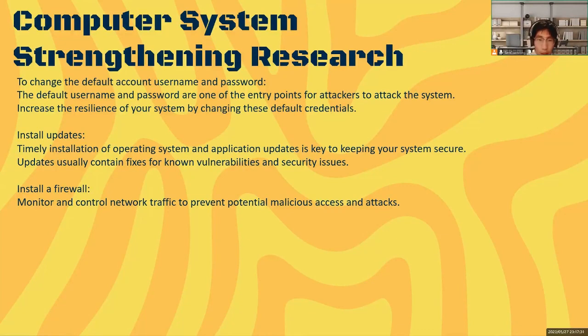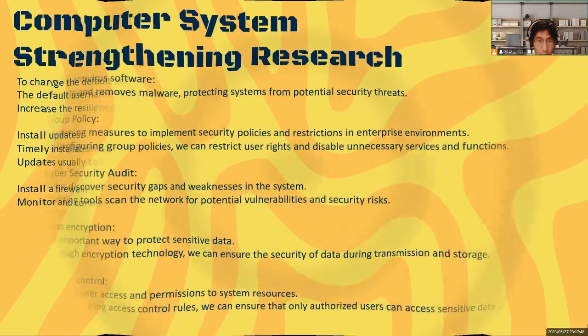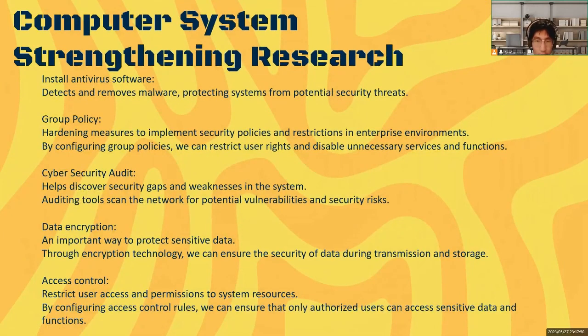Third, installing a firewall is an important step in protecting our computer from unauthorized access. Firewalls can monitor and control network traffic to block potential malicious access and attacks. Fourth, installing antivirus software is key for preventing malware and virus infections.